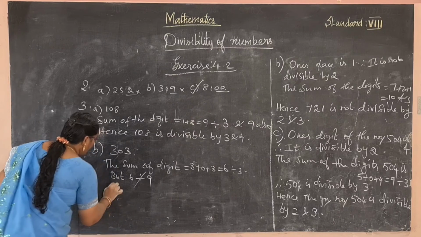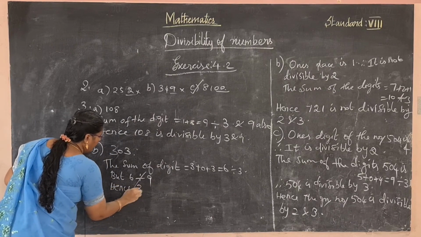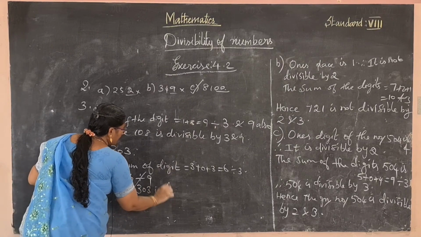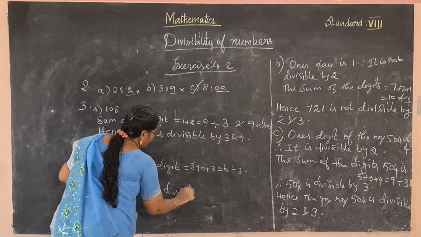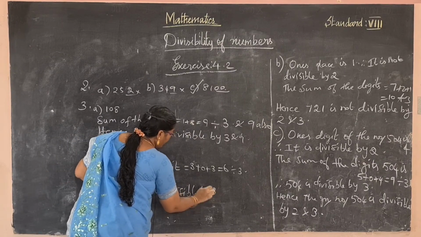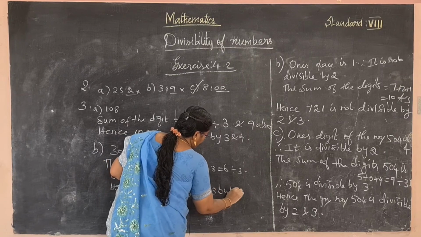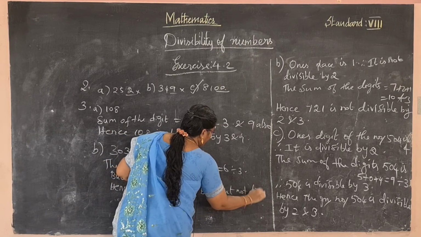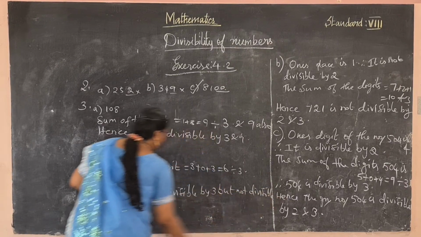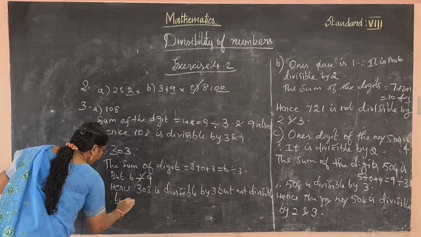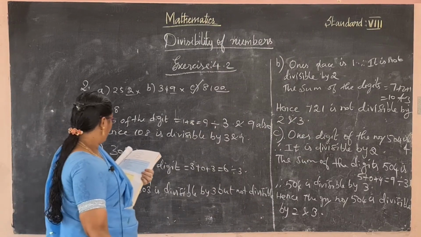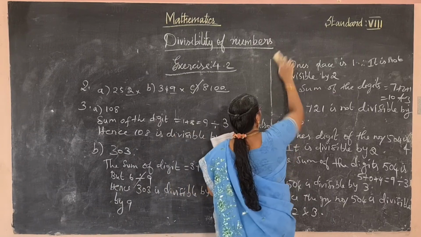Okay, hence 303 is divisible by 3 but not divisible by 9.